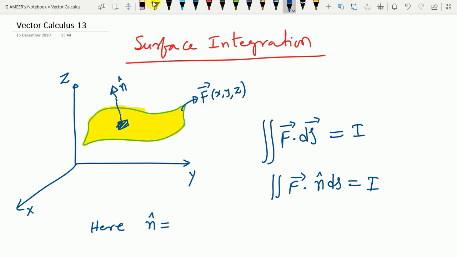We know this normal will be defined as, if I know the surface equation, gradient of phi, suppose phi is given as the surface equation, divided by magnitude of gradient of phi. This is the unit normal to the surface.